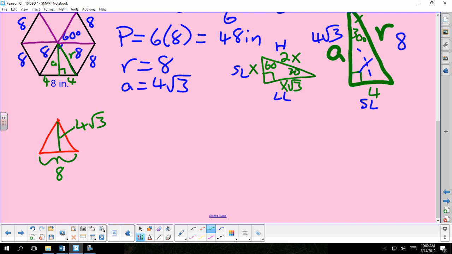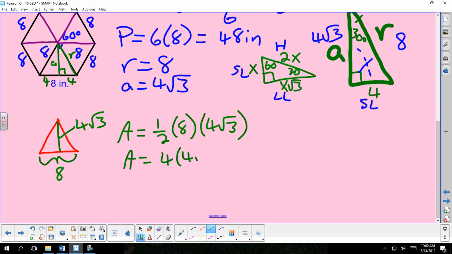The area of one of these triangles is 1/2 base times height. So the area of one of these triangles is 4 times 4 root 3, or 16 root 3.